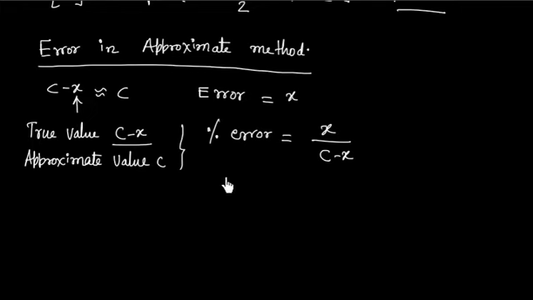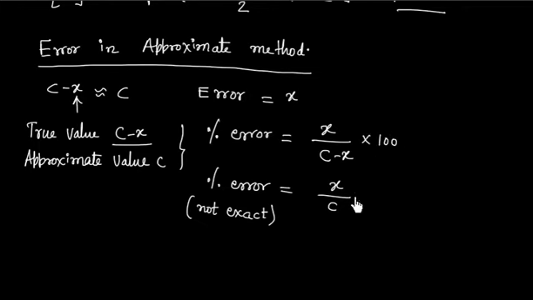So the percentage error can also be written as x by c minus x, and c minus x can be written as c. One important point here is that this error is not exact. Even in calculating percentage error we are making an error, because for this c minus x we are making an approximation, c minus x is equal to c. I have to multiply by 100 also to calculate the percentage error.